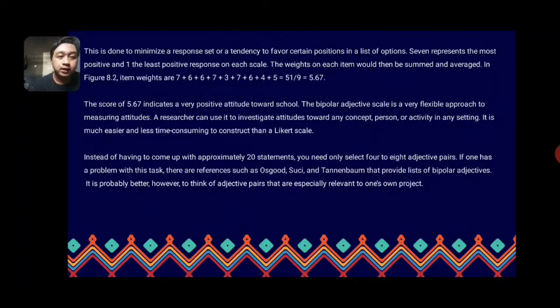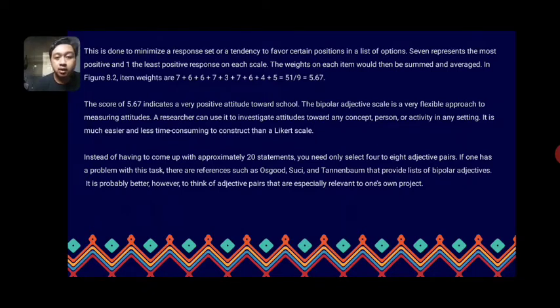The bipolar adjective scale is a very flexible approach to measuring attitude. A researcher can use it to investigate attitude toward a concept, person, or activity in a setting. It is much easier and less time consuming to construct than a Likert scale. Instead of having to come up with approximately 20 statements, you need only select 4 to 8 adjective pairs.